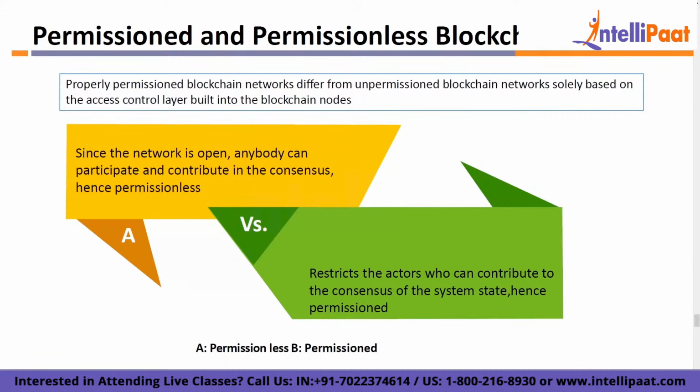A permissioned blockchain network differs from an unpermissioned blockchain network solely based on the access control layer built into the blockchain nodes. So, as the name suggests, permissioned blockchains are secure and give limited permissions to the miners and the joining peers inside the nodes.